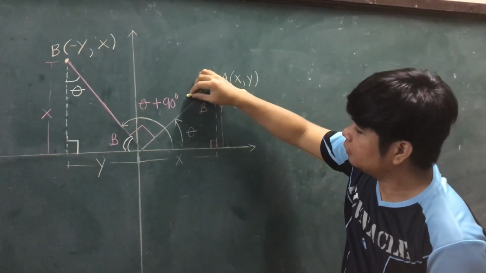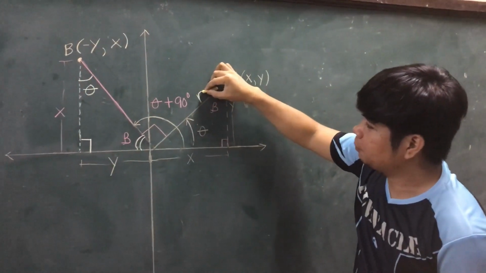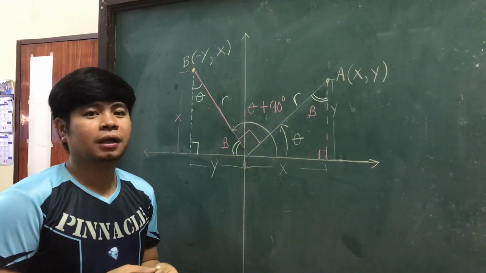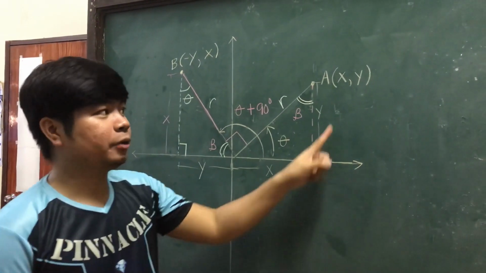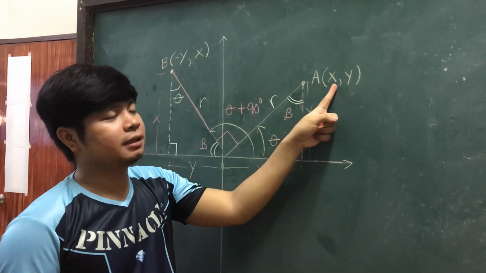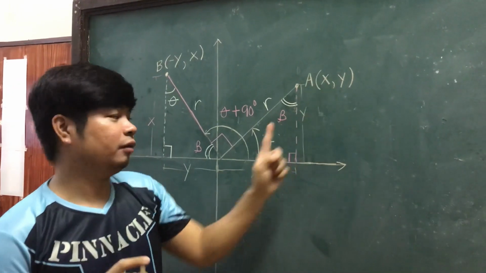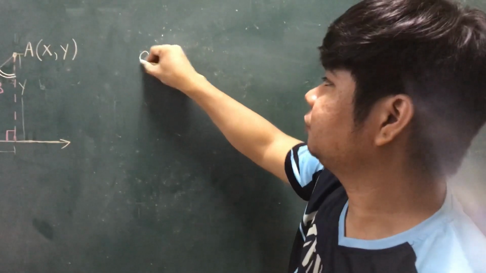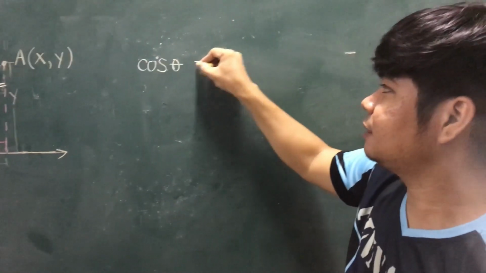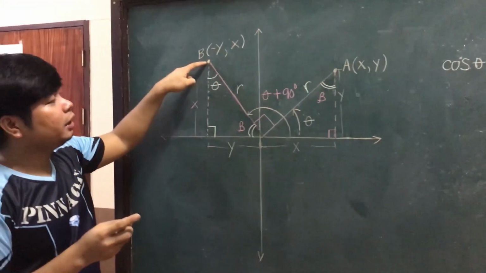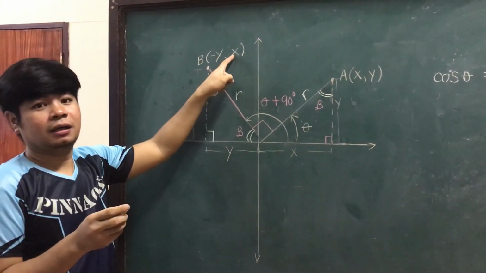Now we assign the length of the hypotenuse as r, and this is also r. So in here we just need to remember x and y. In point A, x here represents cosine of any angle theta. So we have cosine theta is equal to x, because we are now talking about the unit circle. So in the next point, point B here, there is x here.